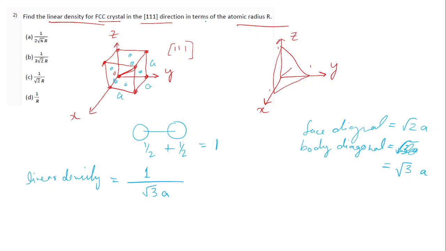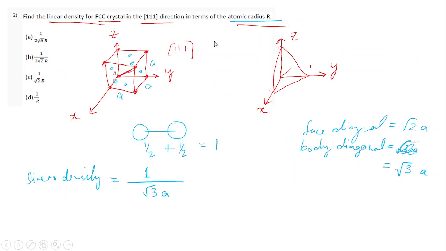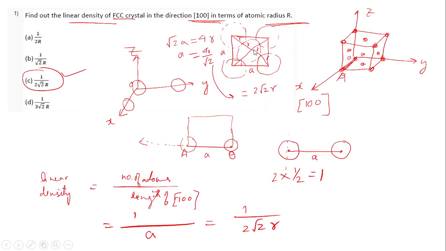Now we have to give the answer in terms of atomic radius. The same thing for FCC, we saw just here that for FCC the relation is root 2a equals 4R. How do we find it? We check that these 3 atoms touch each other along the face diagonal.